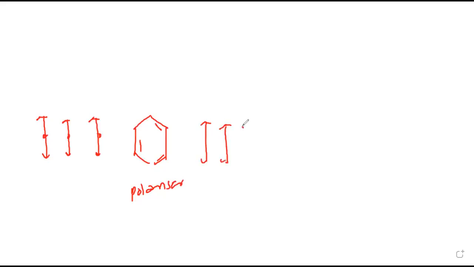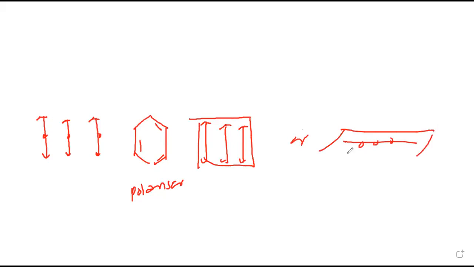This is unpolarized light. When it is passed through a device called a polarizer, then either we will get this vertical vibration or we will get only horizontal vibration. Either we get vertical or we get horizontal. So in this case, we can see horizontal is missing.